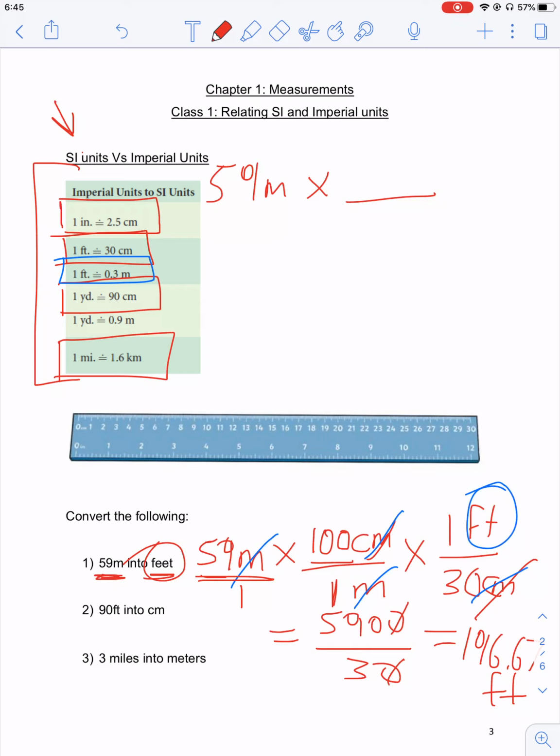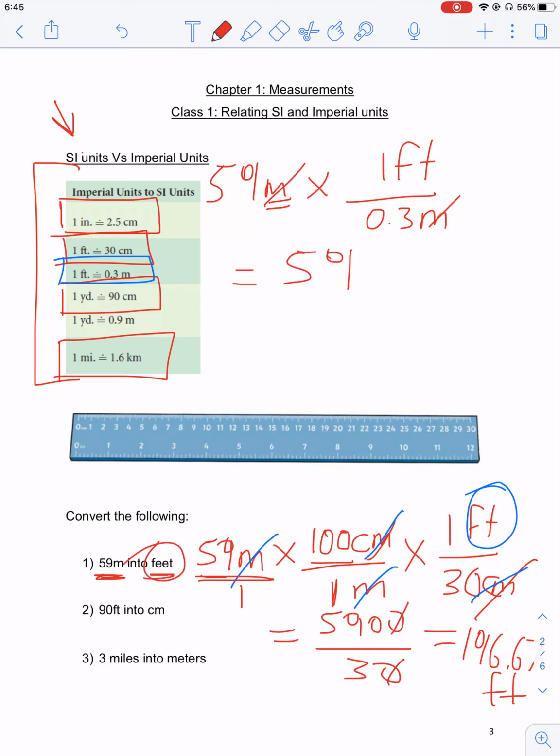So again, my meters has to be at the bottom, right? Because I want my units to cancel. So I know that 0.3 meters is actually 1 foot, right? And this is how you can do this question in one step, right? So the meters and the meters will cancel, and then you will have 59 times 1 is 59.